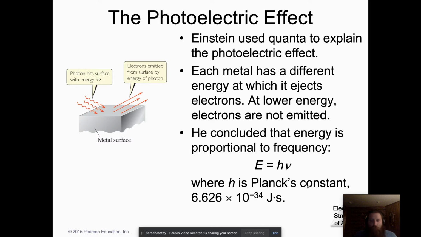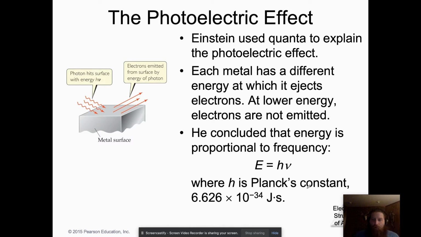So Einstein took this information about the frequency and about kicking off electrons, and he took Max Planck's investigations into the quanta nature of energy, and he said, well, light must be comprised of these wave-particle dualities that are able to strike the surface of the electrons and kick them out.